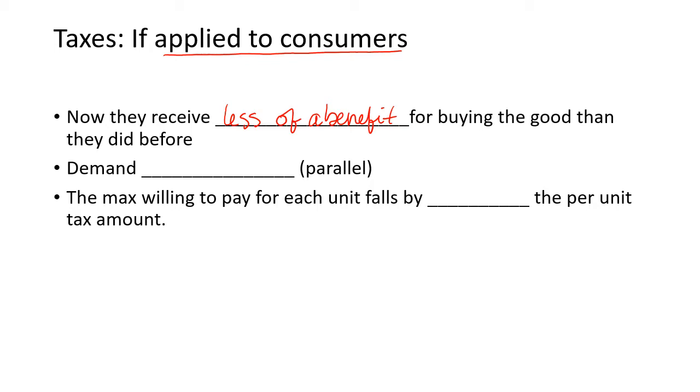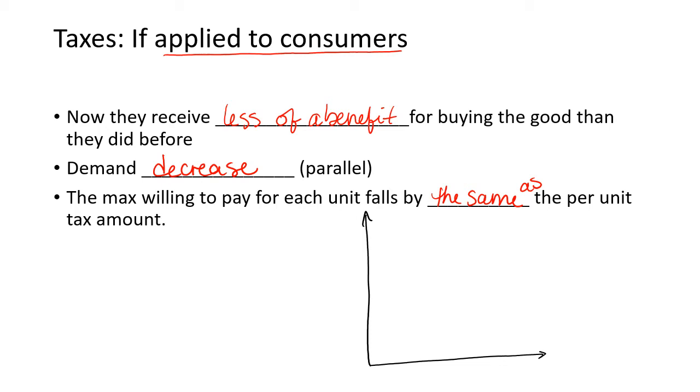This means that the demand is going to decrease in a parallel shift because the maximum willingness to pay for each unit falls by the same amount as the per unit tax amount. So I'll do a quick sketch, but I encourage you to go back and see if you can find all the parts from the last one.